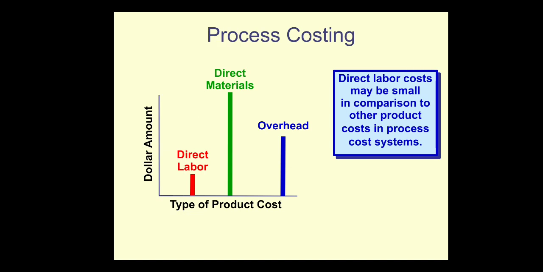Okay, so this is the second thing that you have to know in this topic about process costing, after you know the characteristics of the businesses that should use a process costing system.